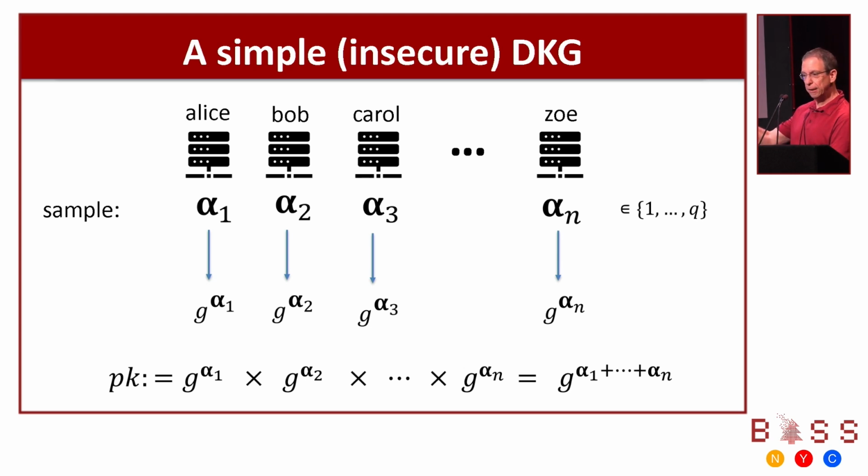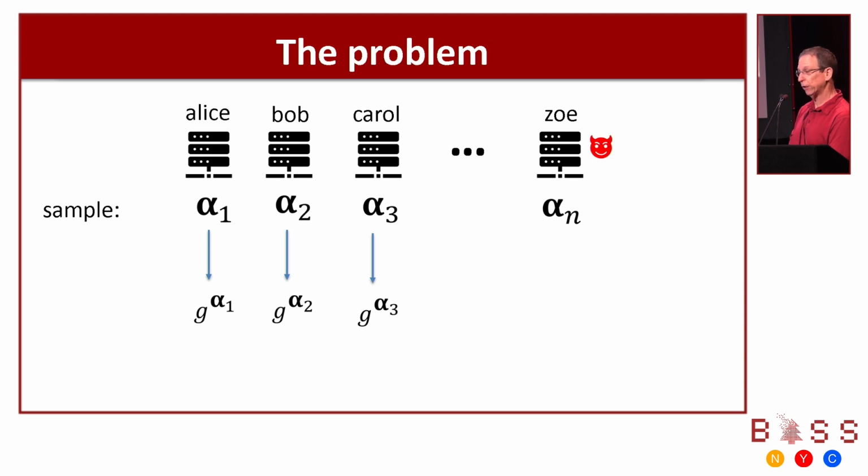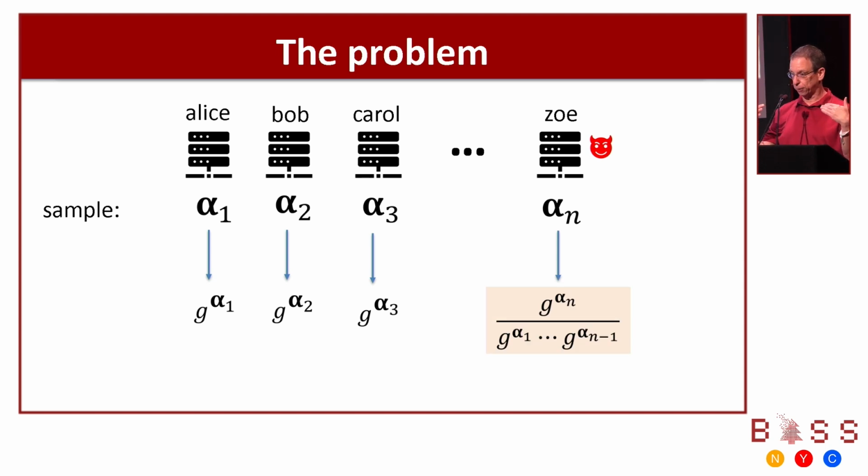The problem is that the last person, Zoe, has a lot of power here. What Zoe can do is cheat. Instead of publishing g to the alpha n, Zoe can wait for everybody else to publish their public values, and then publish g to the alpha n divided by everybody's public values.